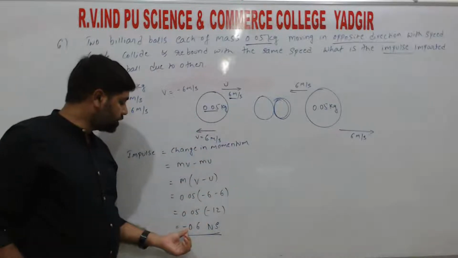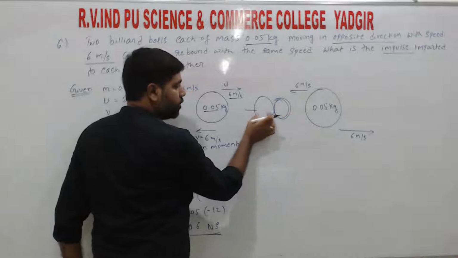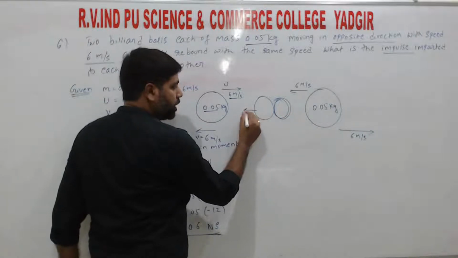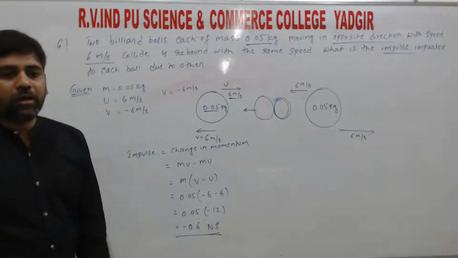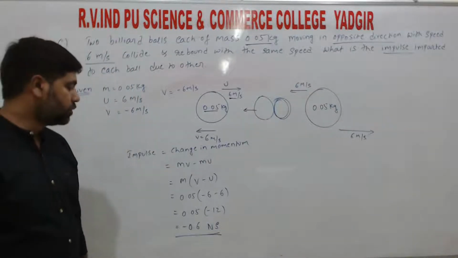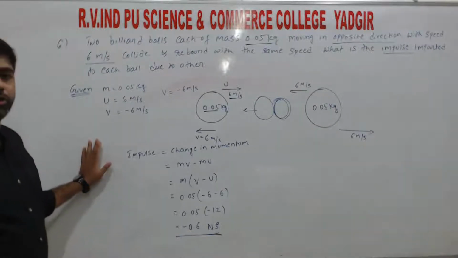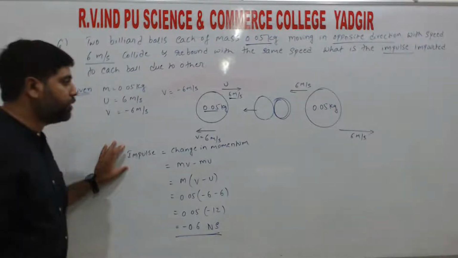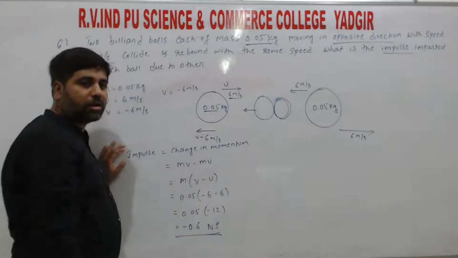Here the impulse acting is the force exerted by the second billiard ball on the first billiard ball. The minus represents the direction in which the force acts, right? So this is the final solution for the given question. If you keep in mind that impulse is only force into time, you cannot simplify this problem.